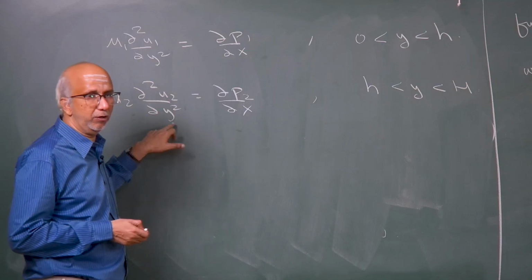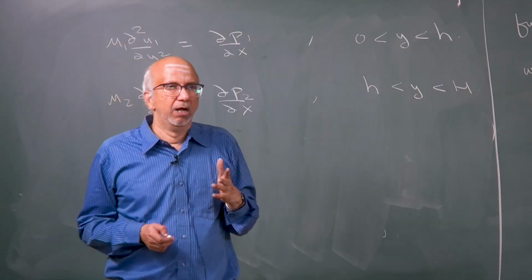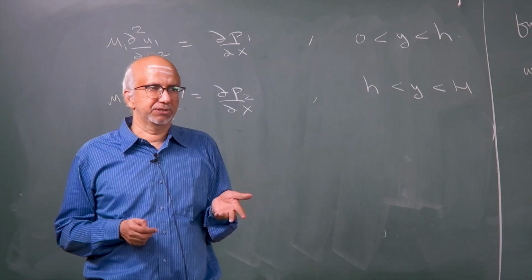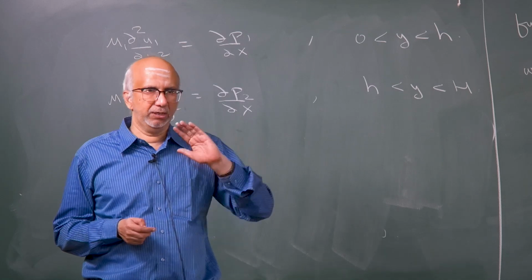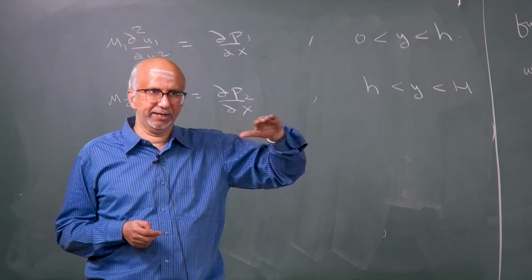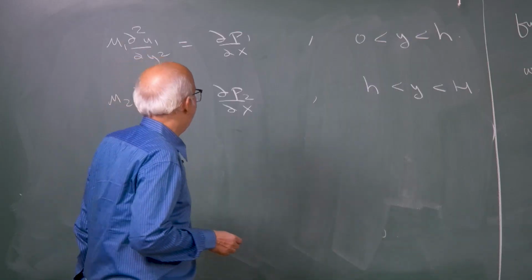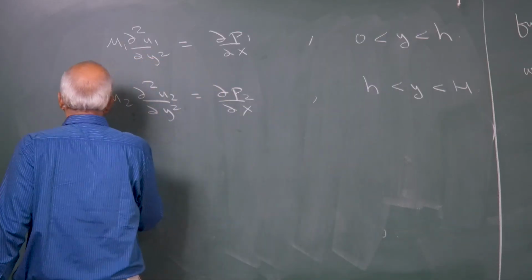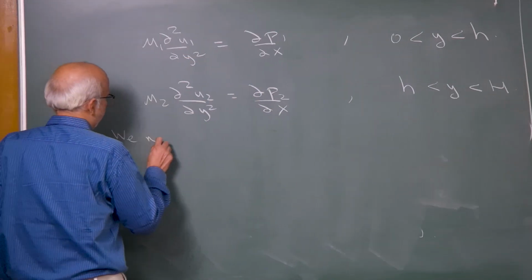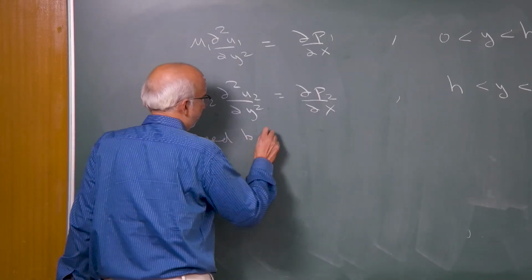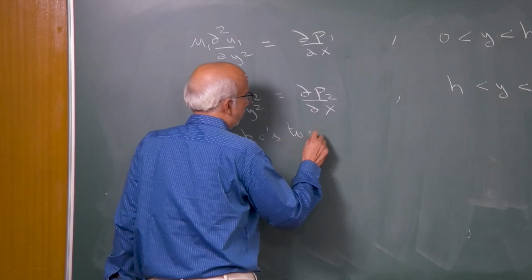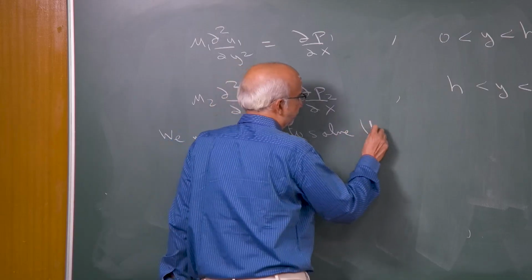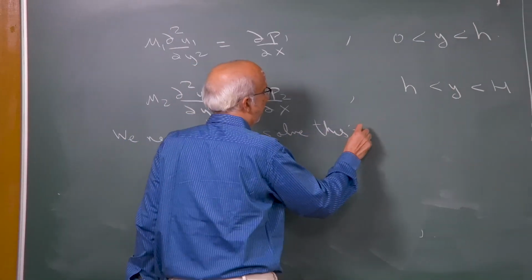Because it is a second order equation, I need to have boundary conditions to solve this, and u1 remember is the velocity in x direction. So, we need boundary conditions to solve this. Okay.